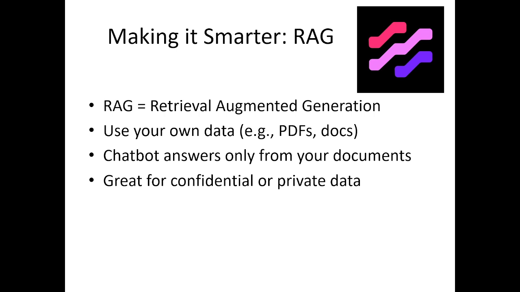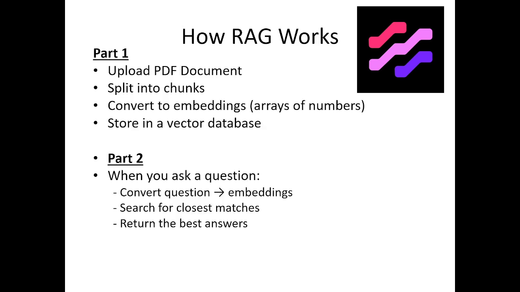So in that way we can share our confidential or private data or any such documents with the LLM and we can ask questions. The LLM will answer based on the given content. So this is how RAG works. We can divide it into two parts.